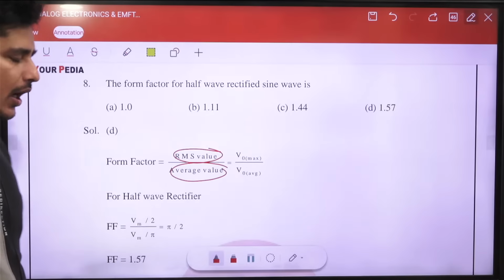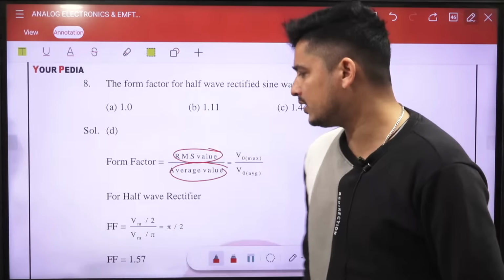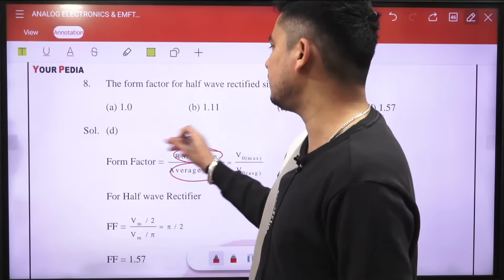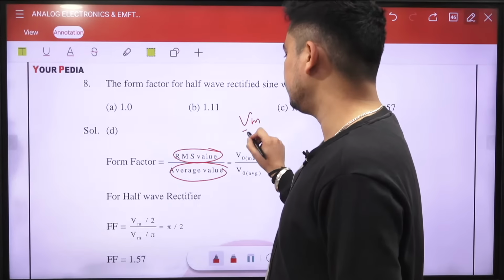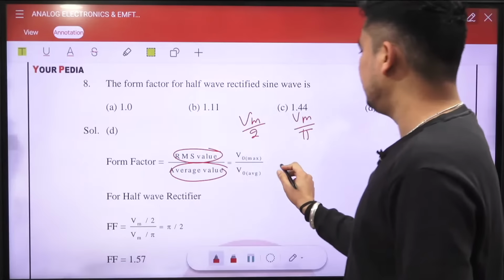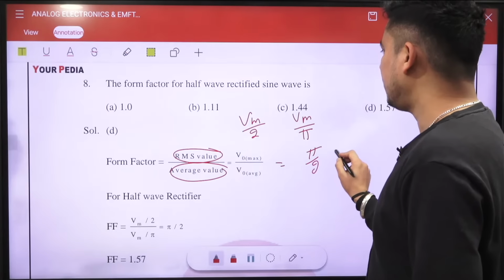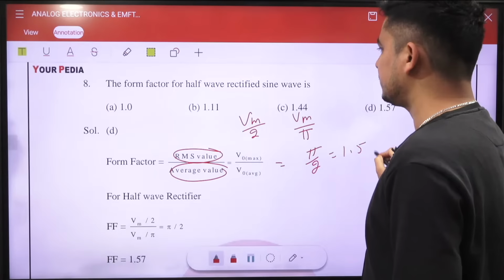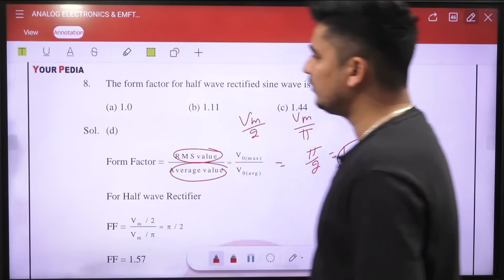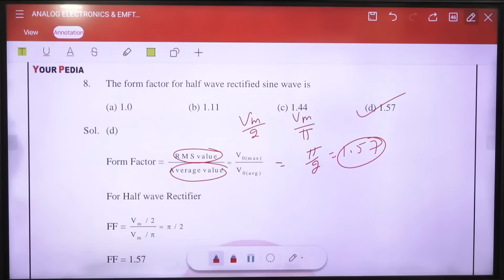In the half wave rectifier, the RMS value is Vm by 2 and the average value is Vm by pi. If you take the ratio of these two, we get pi by 2, and pi by 2 is 1.57. So the half wave rectifier form factor is going to be 1.57.